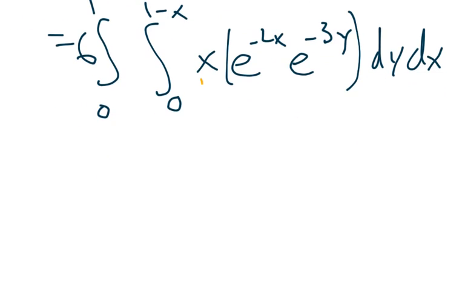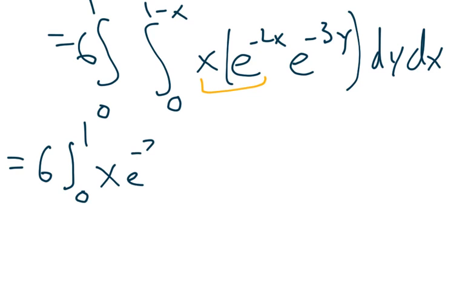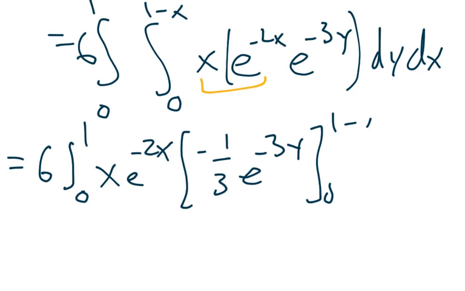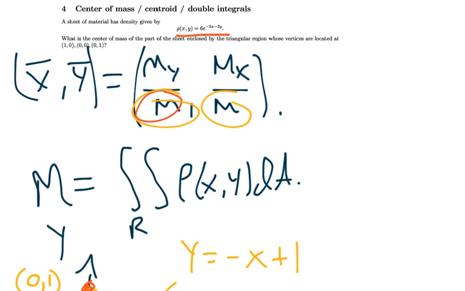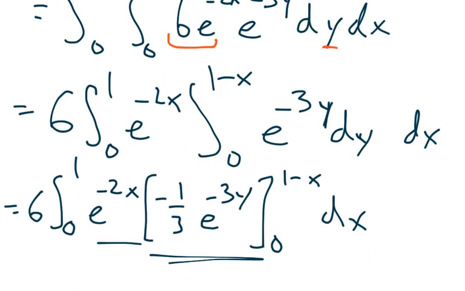Okay, so once again, this stuff is all x. Let's bring it out. Alright, this is 6, 0 to 1, x e to the minus 2x. And then if I integrate what's left, I have minus 1 over 3, e to the minus 3y, from 0 to 1 minus x, the same way I had before, right? If we look back here, this part's going to be the same. Or rather, this step.